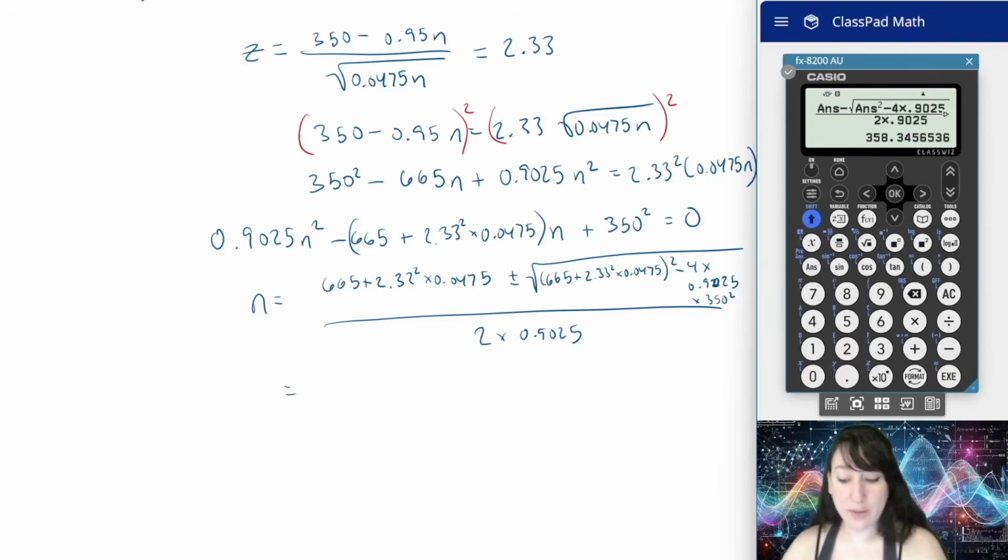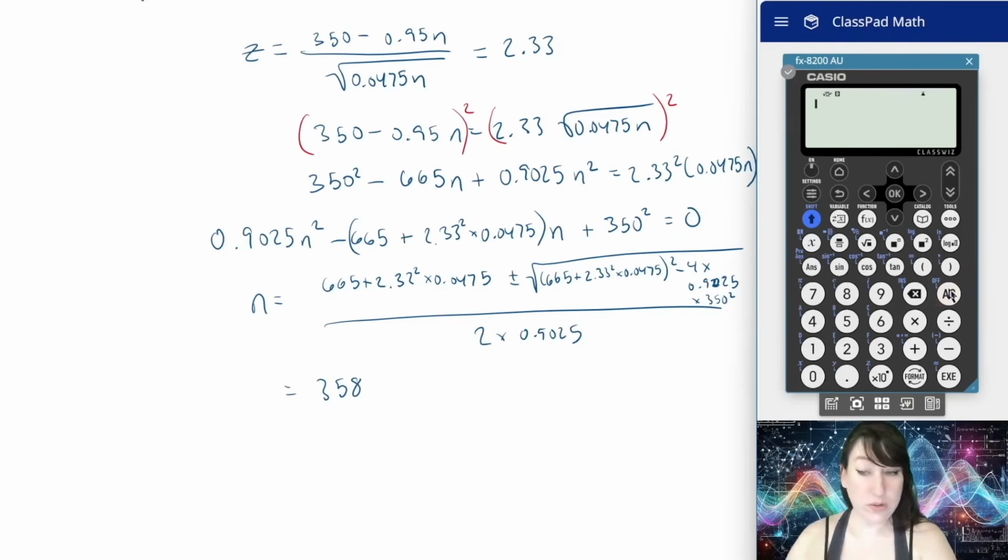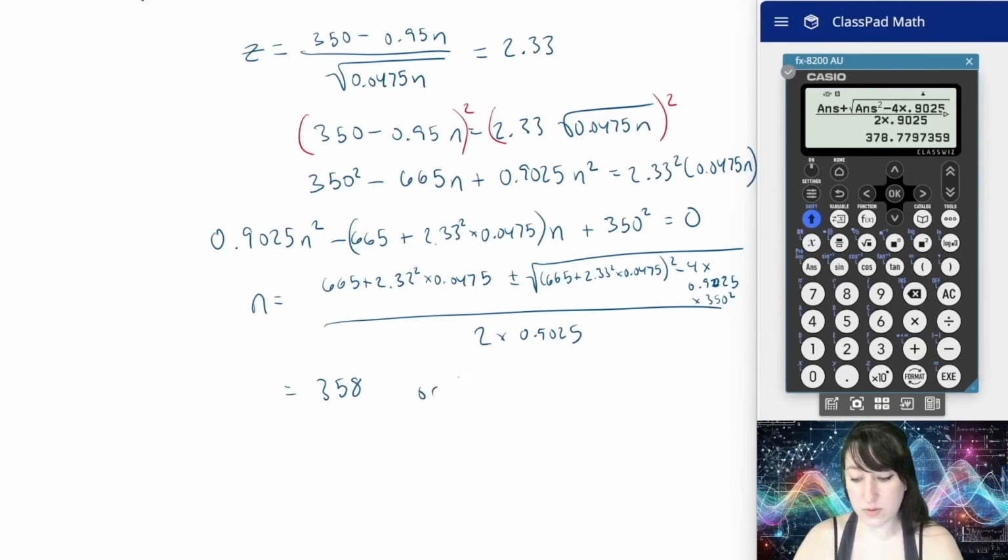So we get a value of 358.3. We'll round that to 358. Now, if we check the other solution, we get 379 for rounding.